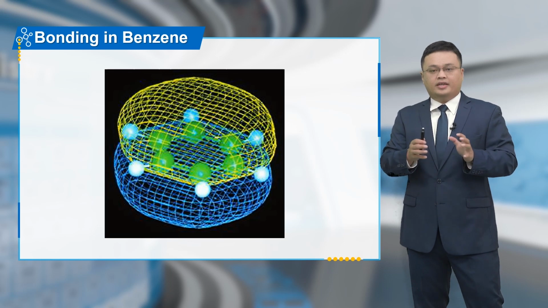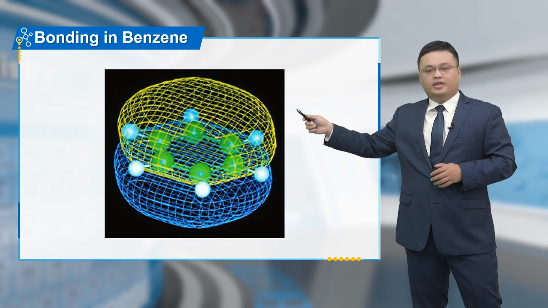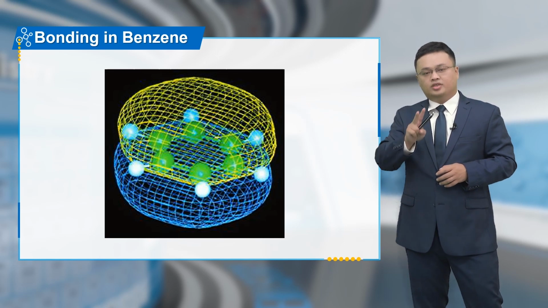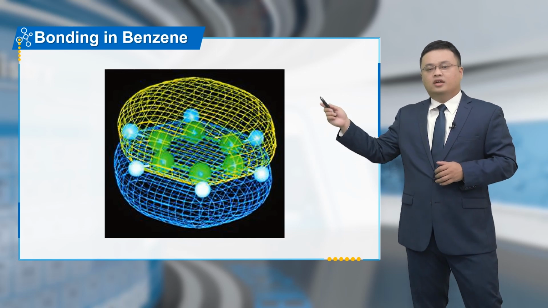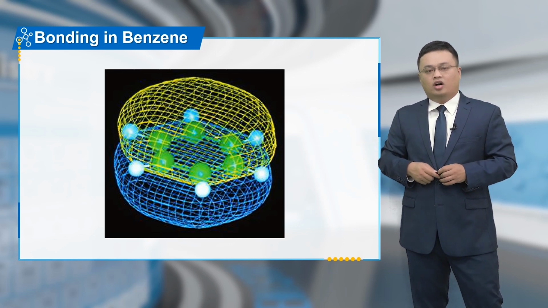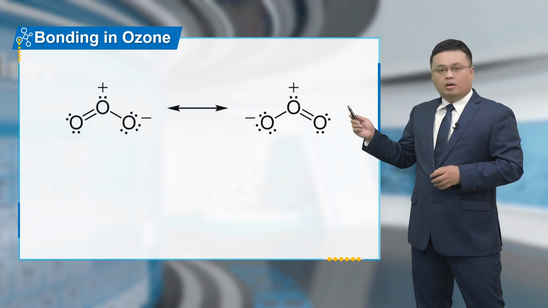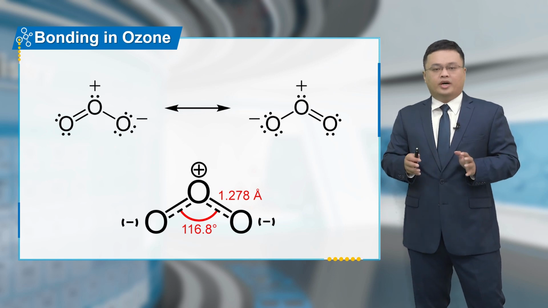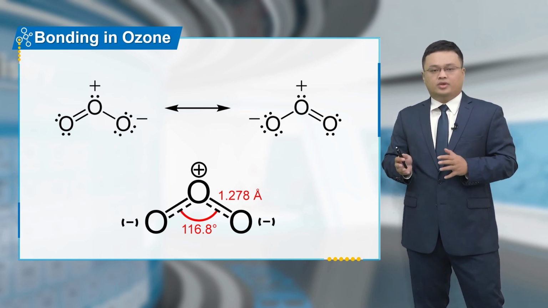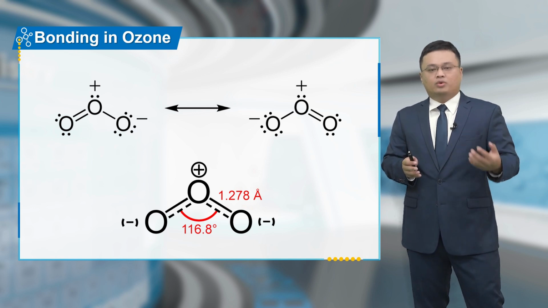Because they are spread out among all 6 carbon atoms instead of being concentrated between pairs of carbon atoms, these molecular orbitals are called delocalized molecular orbitals. By using a delocalized bonding scheme, we can avoid writing 2 or more contributing structures to a resonance hybrid, as is so often required in Lewis theory.